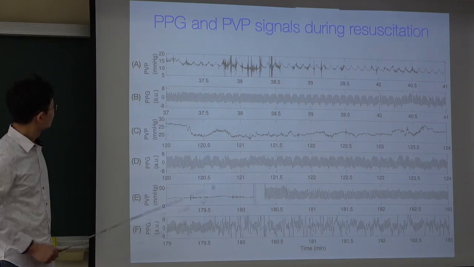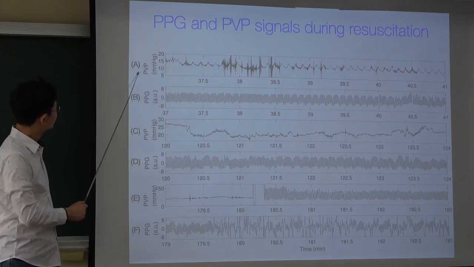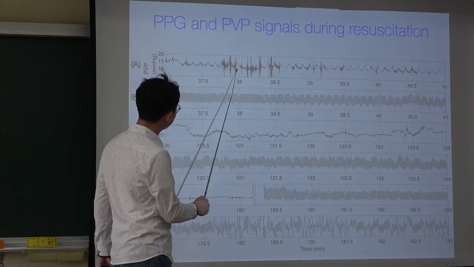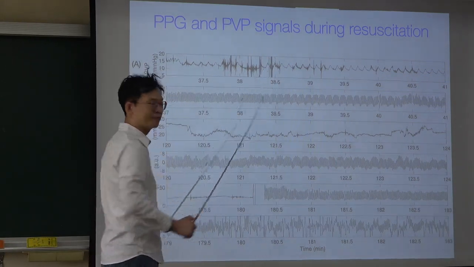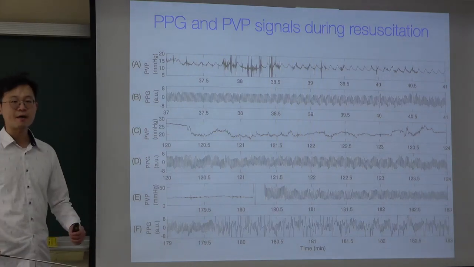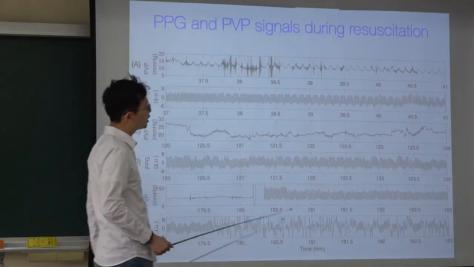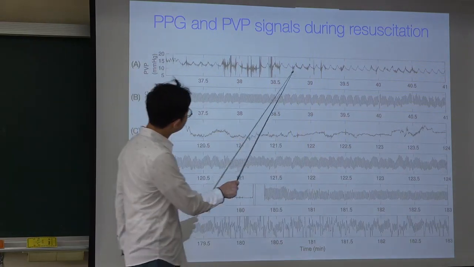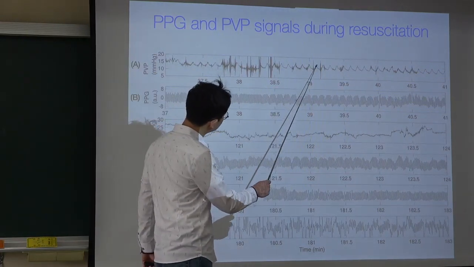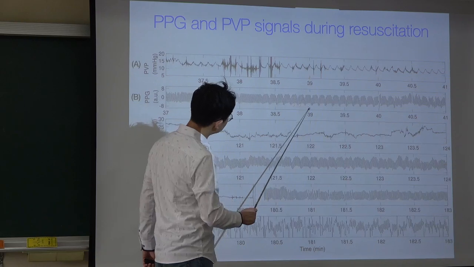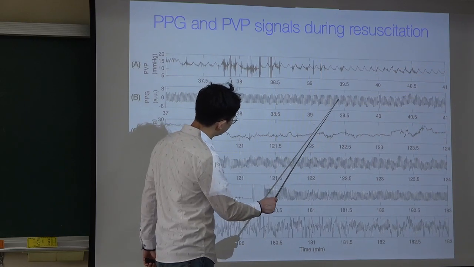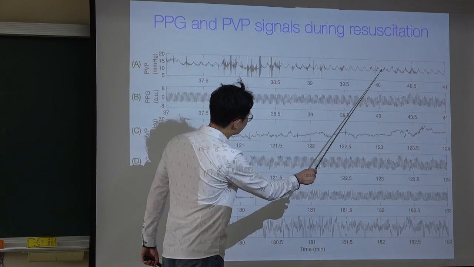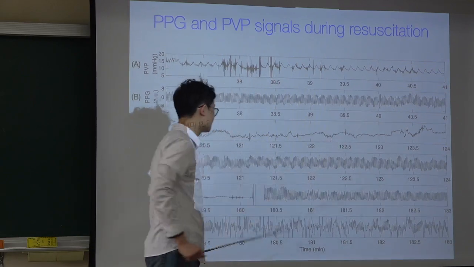But if you look at the PVP signal simultaneously, the behavior is very, very different, although they are both trying to capture some hemodynamic information of our system. You can see there is some low frequency oscillation, and this low frequency oscillation is related to respiration. There is also some high frequency oscillation that is the cardiac component, but it's hard to say.